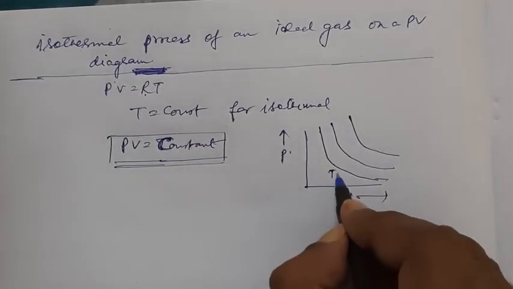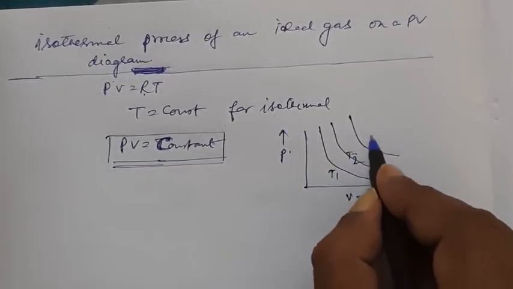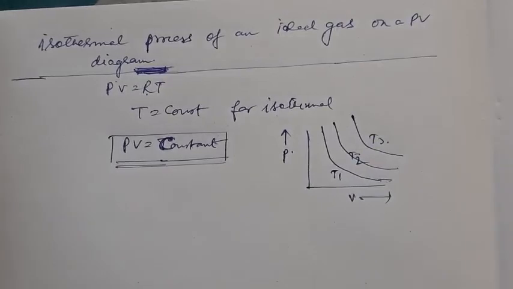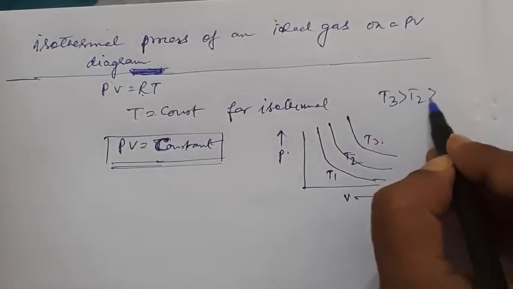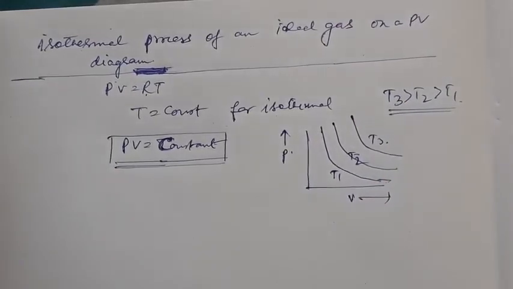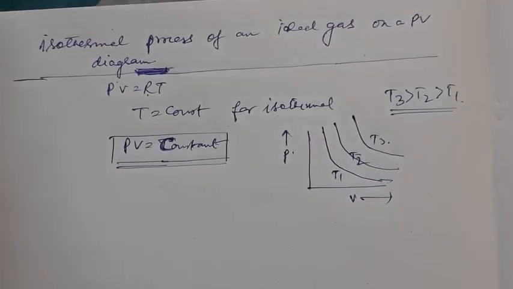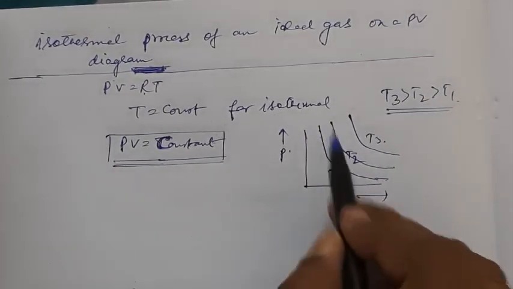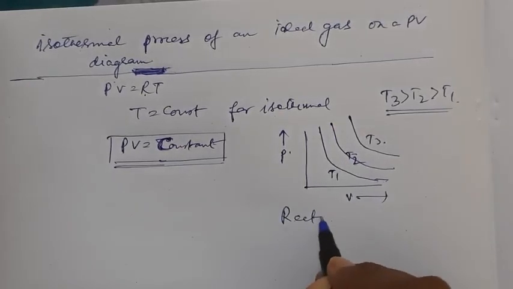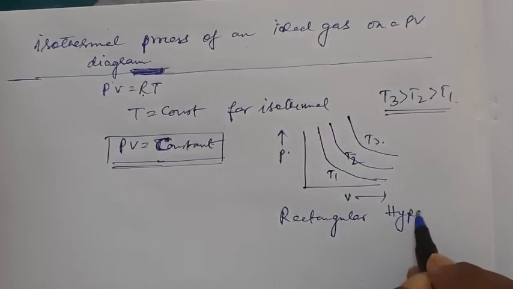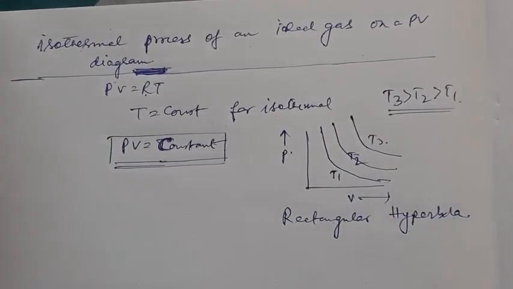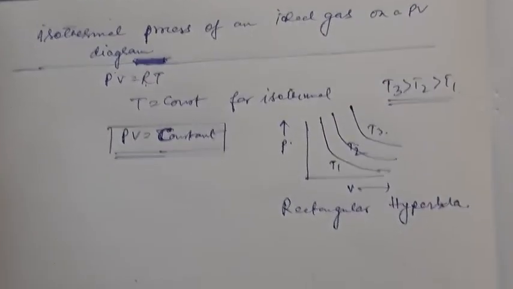Now these are temperatures T1, T2, T3, where T3 is greater than T2, which is greater than T1. I repeat, these are in the shape of a rectangular hyperbola.